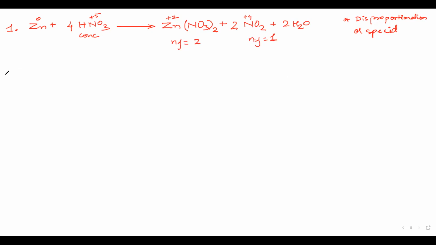Yes, sir, how did we get zinc +2 oxidation? Okay, see, NO3 has this type of structure. We have 2 extra O. No, sir, we have 2 extra oxygen on the product side.